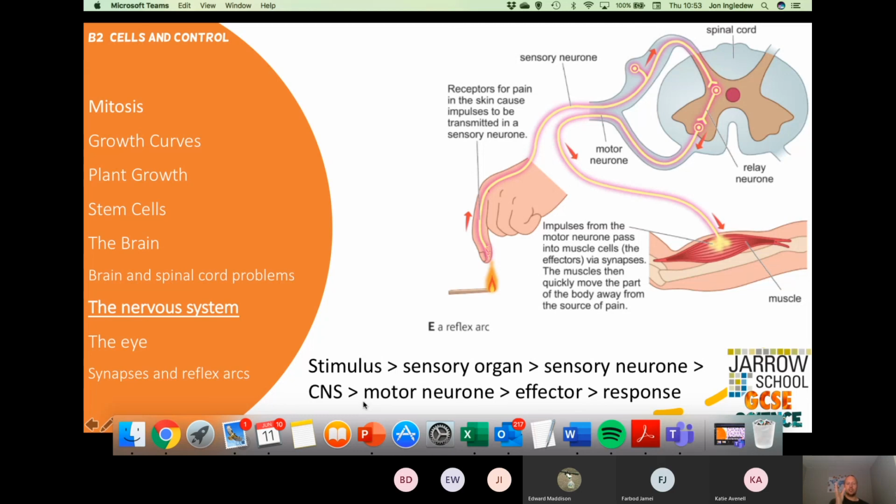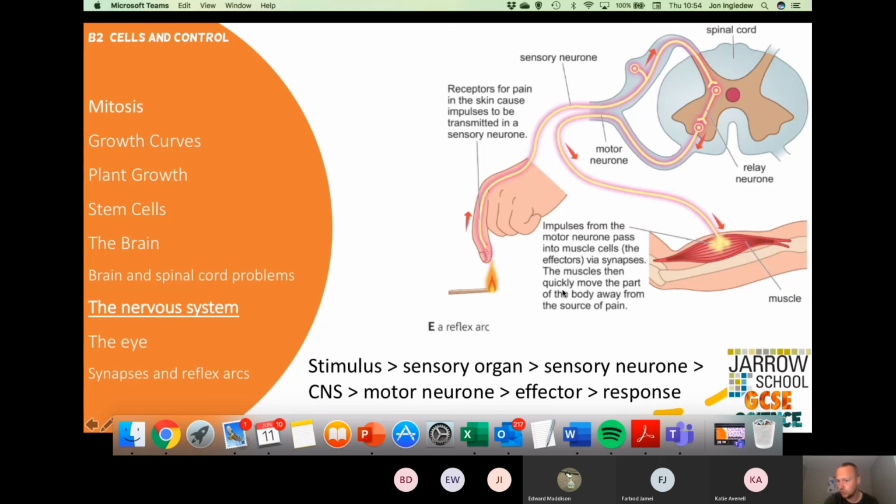The central nervous system decides what to do with this information coming in, and it passes it on to motor neurons, which connect the central nervous system to effectors. Effectors are either muscles or glands. And then that has a response. So the response is, really bright light flashes, you blink. Something hot touches your finger, you pull your hand away.